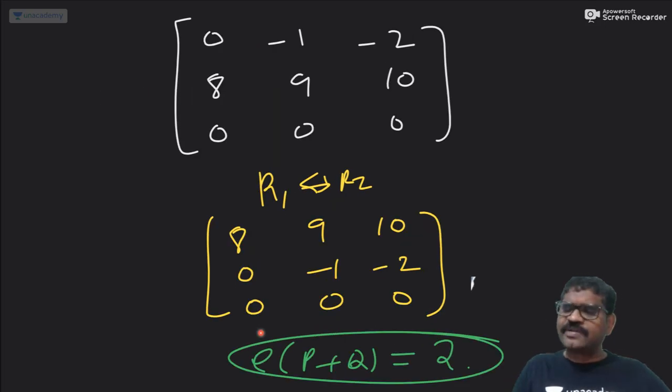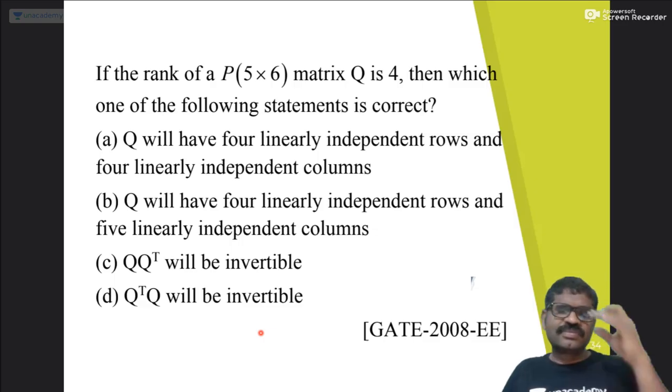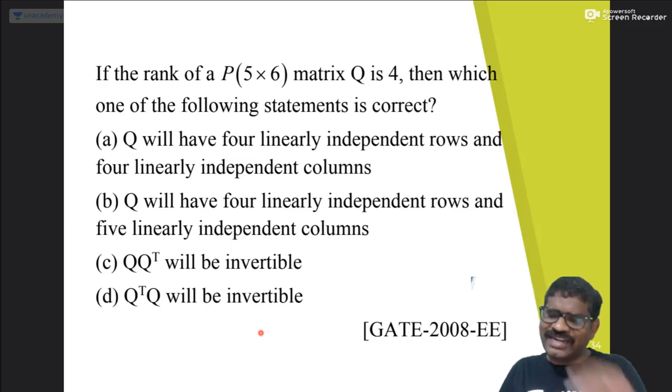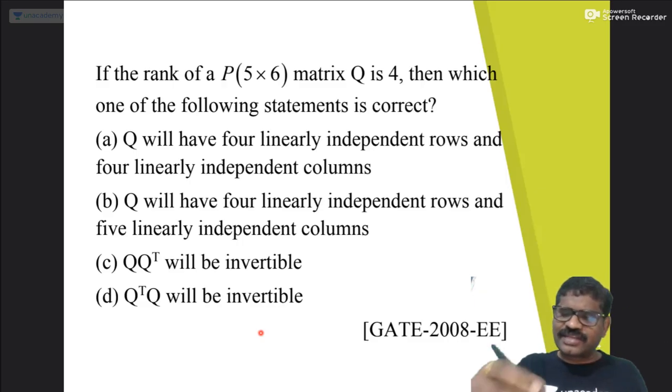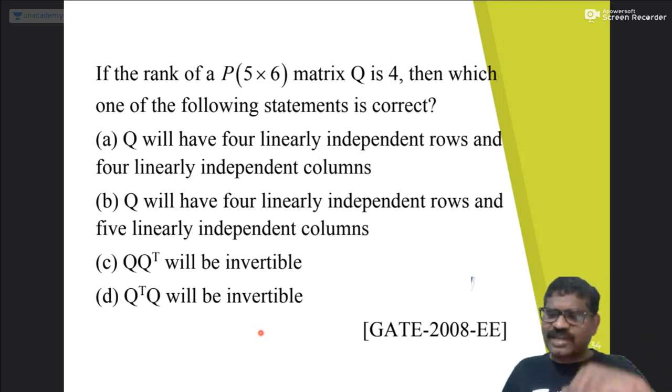Rank 2 only. Even though you cross check 10 times, you will get rank 2 only. Please cross check the entries. You should not do once row operation and once column operation. Completely row or completely column.